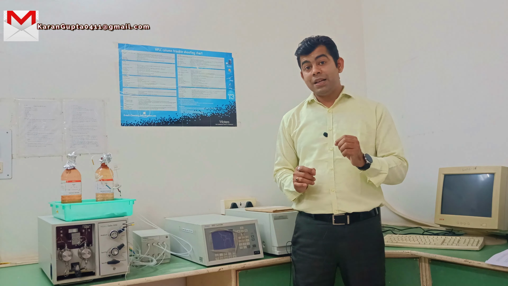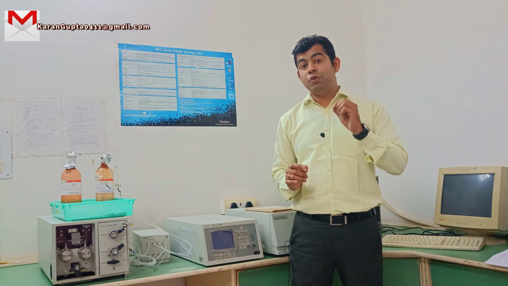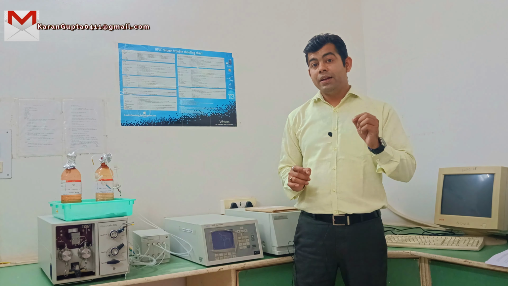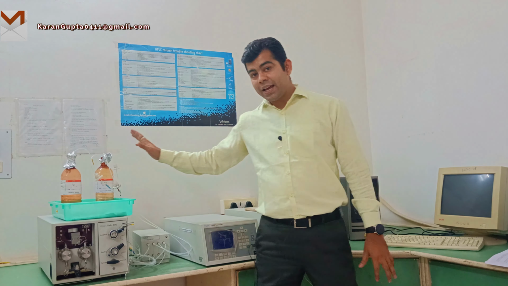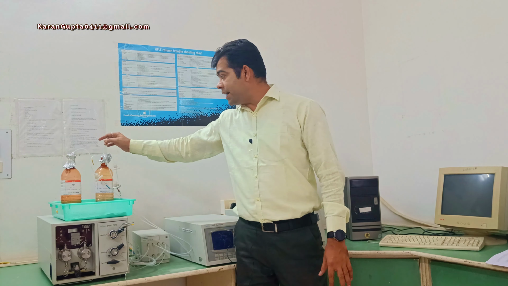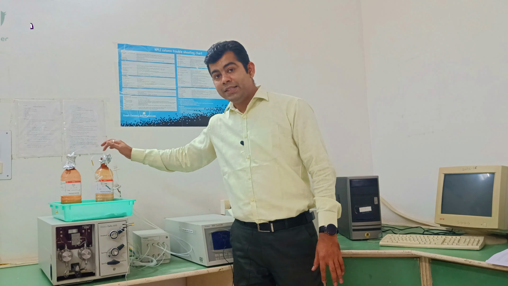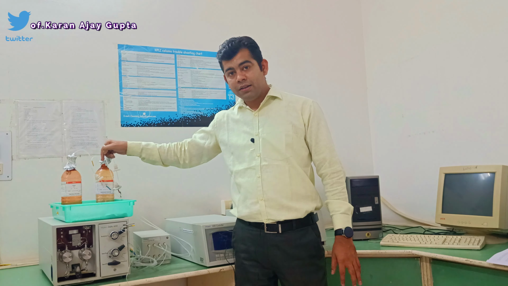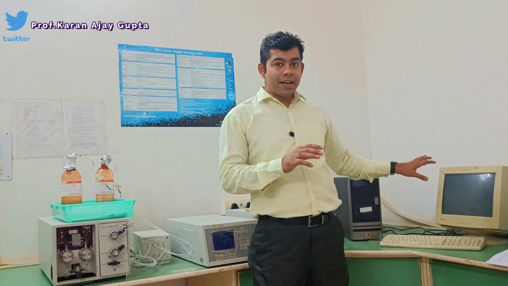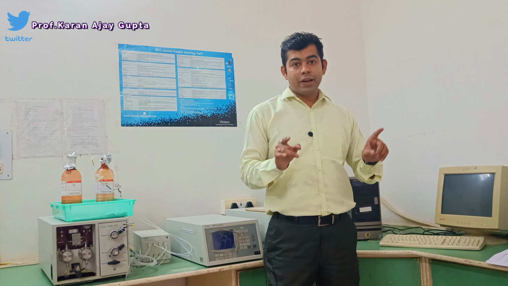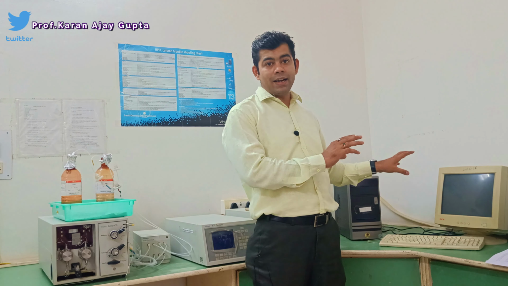In gradient HPLC, you don't need to prepare the mobile phase first. In a gradient type HPLC, it will contain four tubes: A, B, C, D. You put your solvents in the A, B, C, D tubes and set the ratio in the software. So give the command to the software and set the ratio.